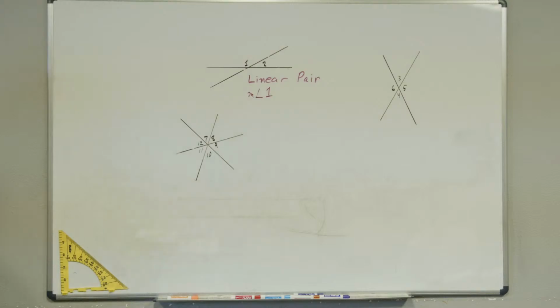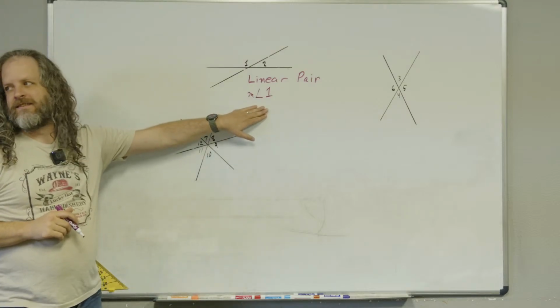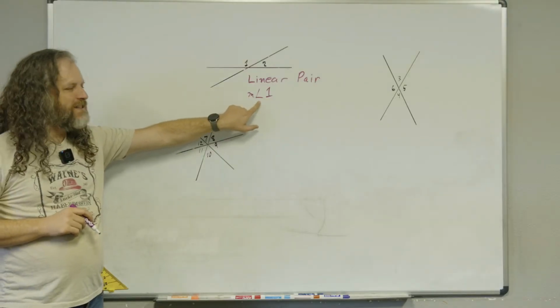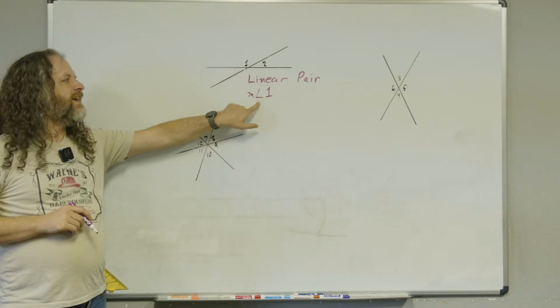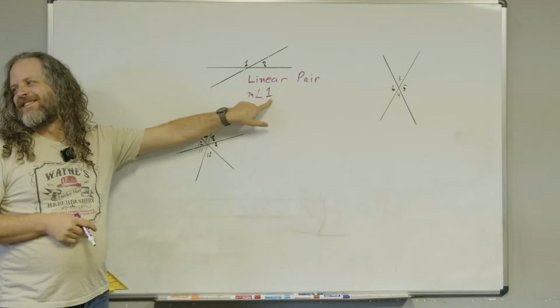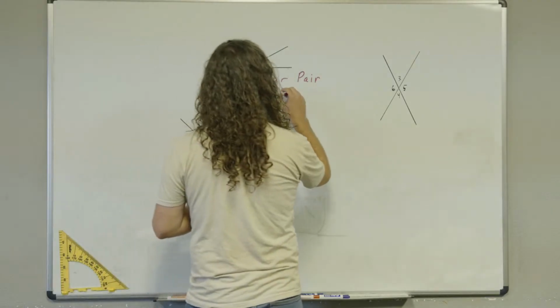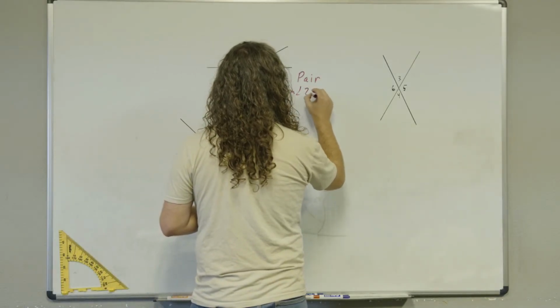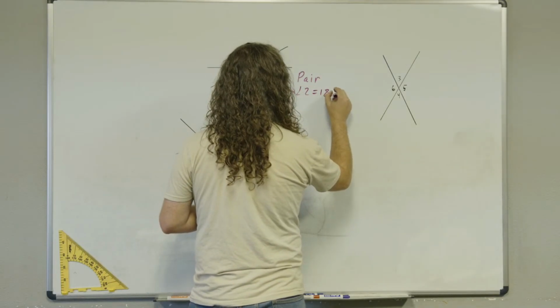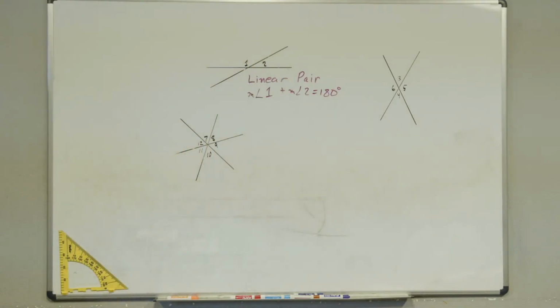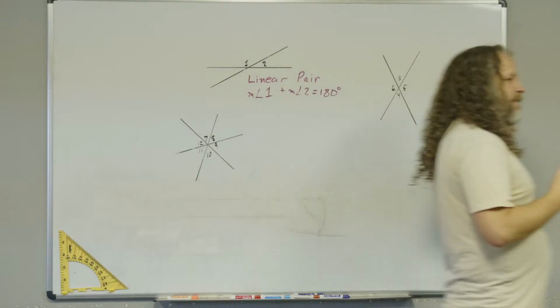Okay? So how do we say this? What does the M stand for? And what does this symbol stand for? Angle, and that's a 1. Hopefully you know that one. So measure of angle 1 plus the measure of angle 2 equals 180 degrees. That's true. Linear pairs. Now, there's a word for that mathematical relationship. What's the word for that relationship, where two angles add up to 180?